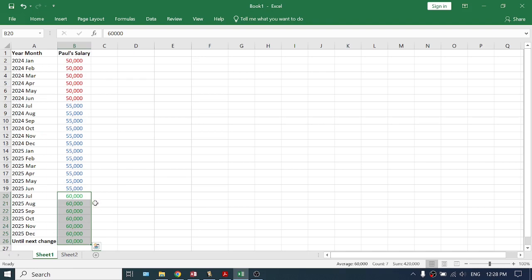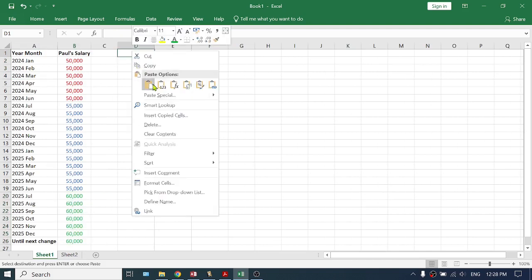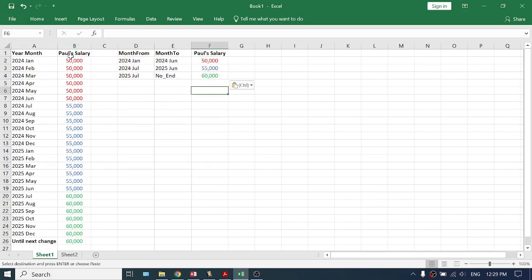Okay, so how would I represent this in Nifty payroll? This same information, if I copy this and bring it to this sheet and paste it here, can be represented in this way. Instead of listing every month that the salary applies to, I can say start in 2024 January and stop in 2024 June.